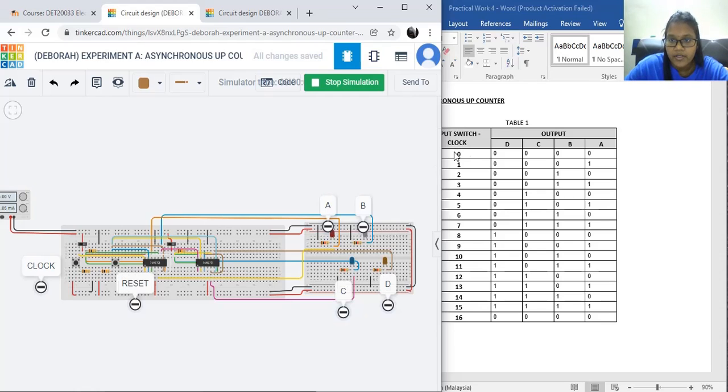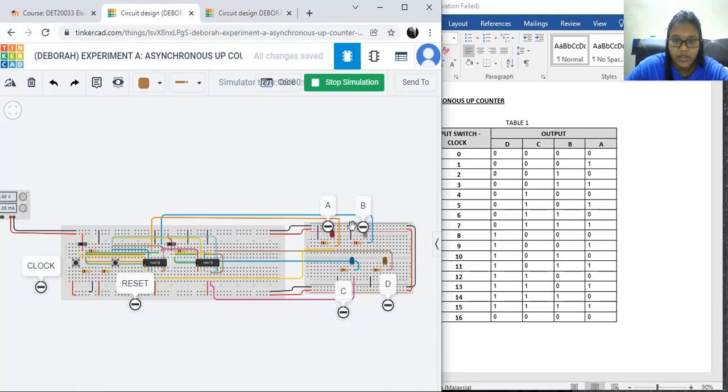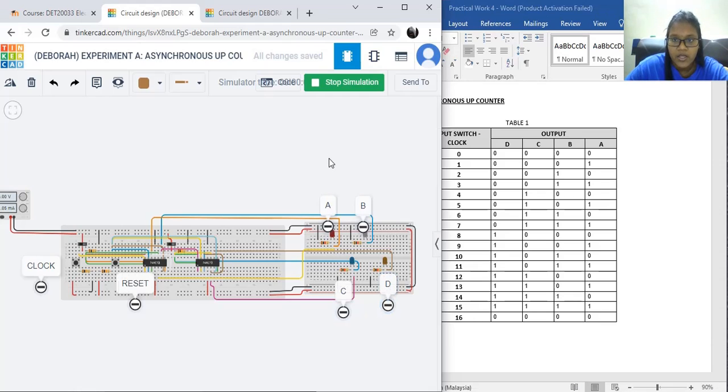So at first it's 0, so none of the LEDs will light up. So I'm going to start with 1, 2, 3, 4 and more. So I'm going to push the clock, which is 1.